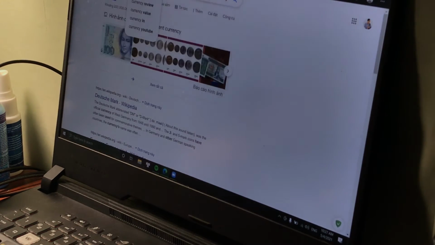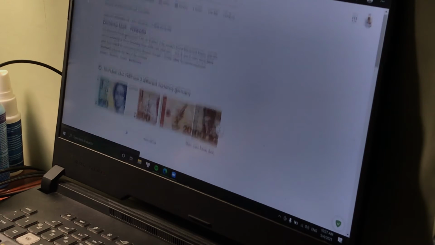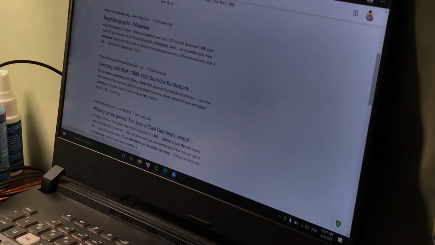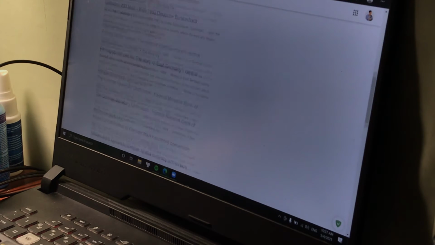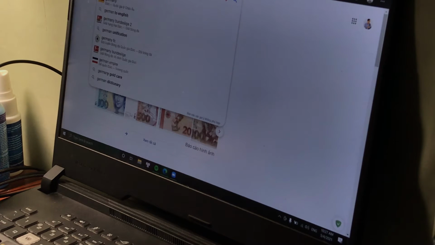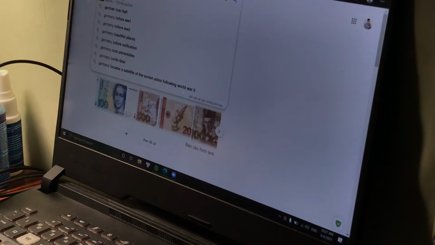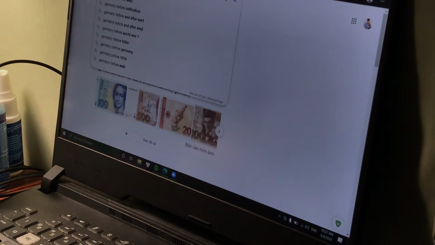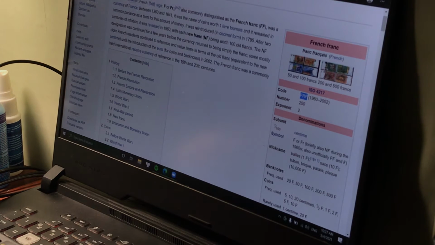At that time they used two different currencies. I will send it through the chat to all of you. First one is GEM, and the second one is DEM.